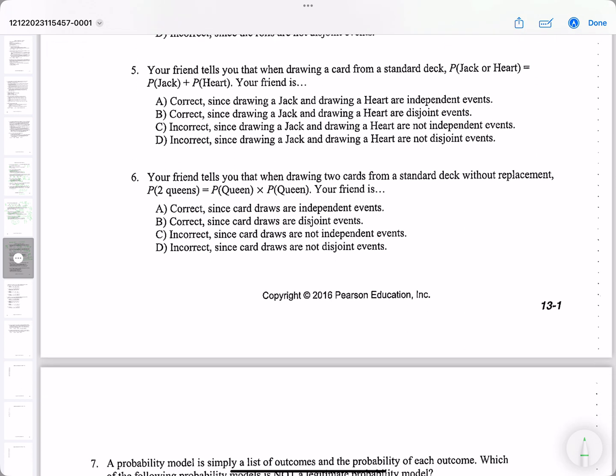Your friend tells you that when drawing a card from a standard deck, jack or heart is equal to jack plus heart. Well, the problem is that I can have the jack of hearts.